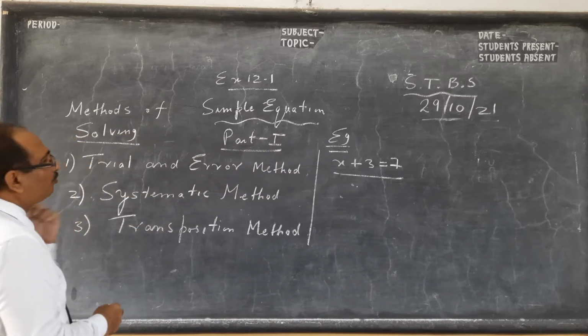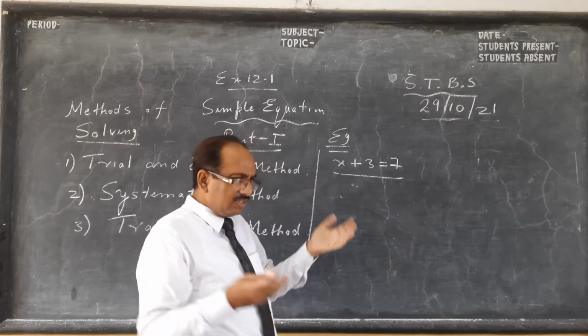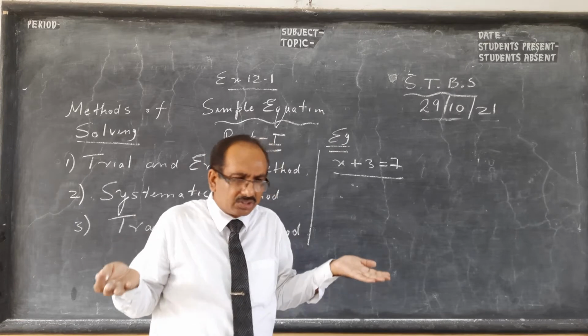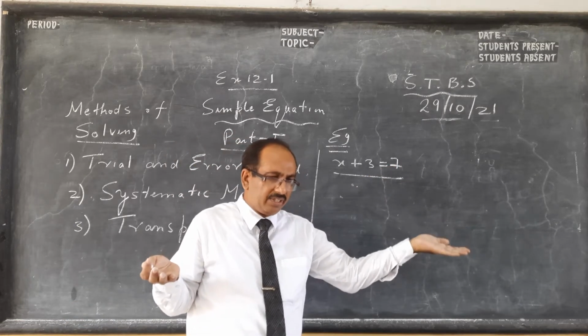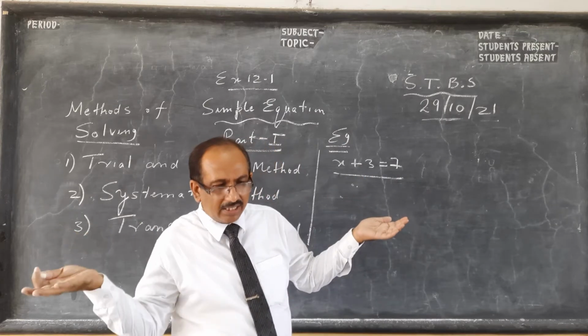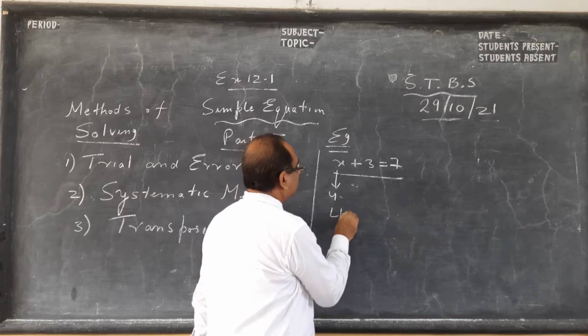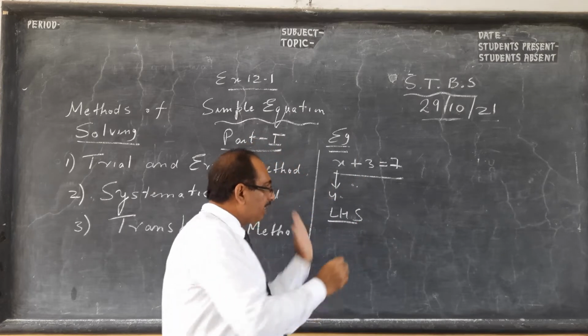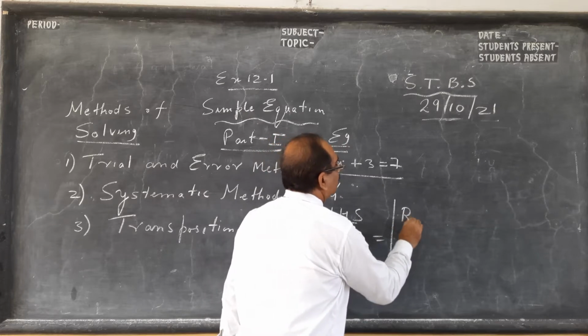Now, if we have to solve, the first thing I'll tell you is the trial and error method. In trial, you try like a beam balance. You go to the grocery shop or vegetable market. Here this side is potatoes 7 kg, and this side weighs 3 kg. How much more weight should they put so that the left hand side, if you put 4, 3 plus 4 is 7, becomes equal to the right hand side?